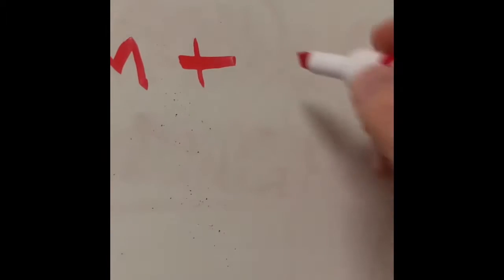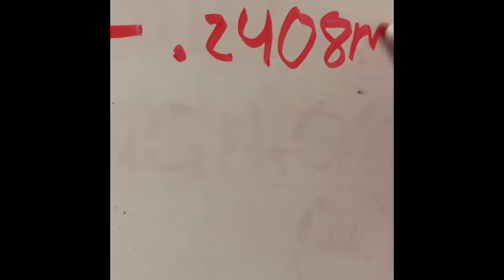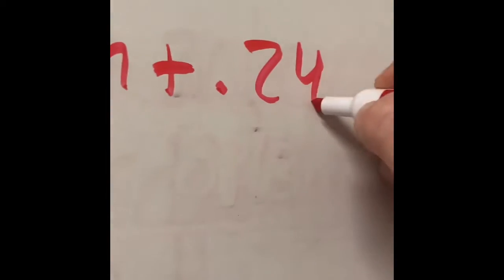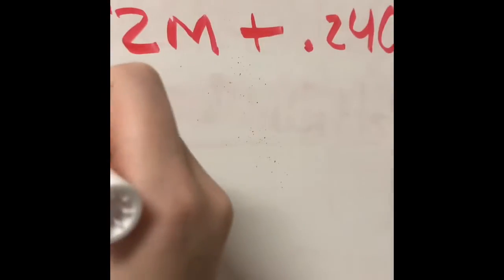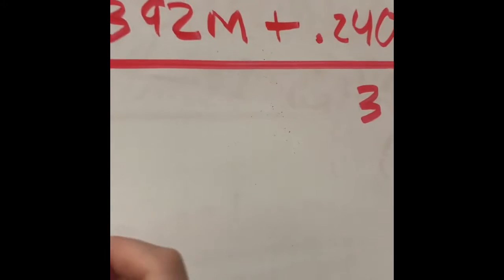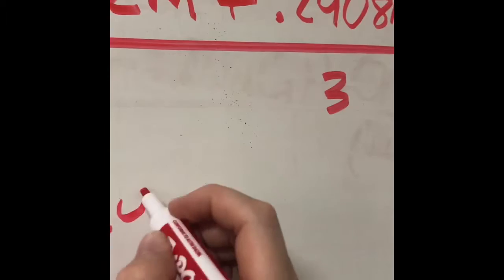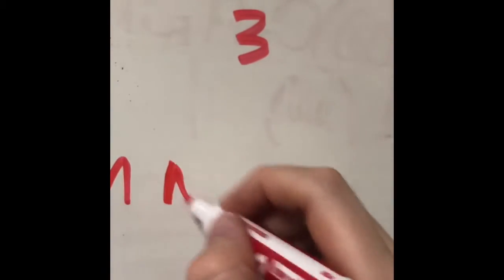And then the calculations of the second and third were 0.2408 and 0.2430. So those 3 values are going to be divided by 3, and then that will be the average concentration, which is 0.2410.